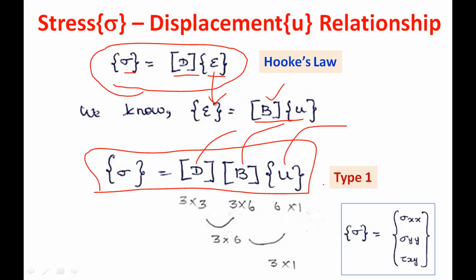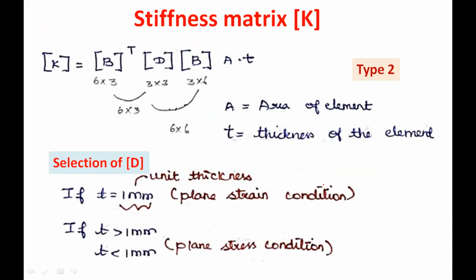We are going to solve an example problem in this part. Then type 2: how to determine the stiffness matrix for the given triangular element. For finding the stiffness matrix, we have to use this expression: the product of the matrix B transpose D, and then we have to multiply by the B matrix, then the volume of the element, At.